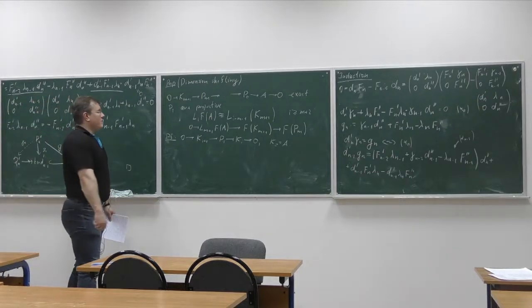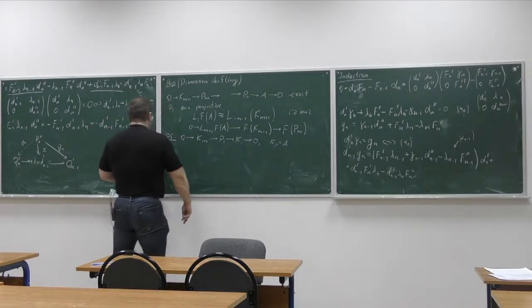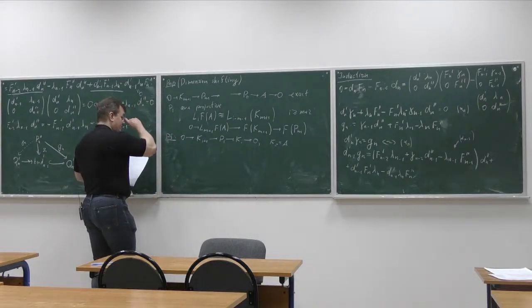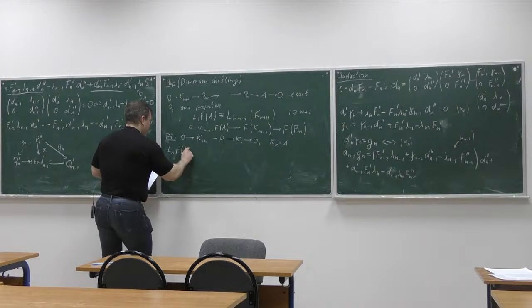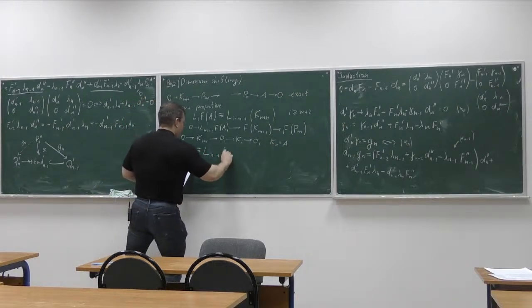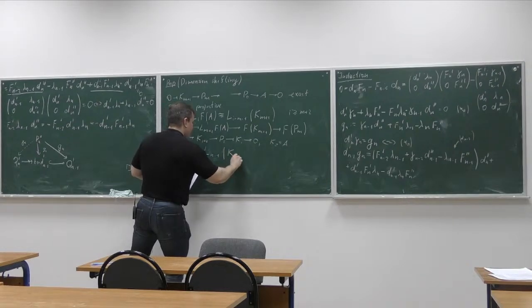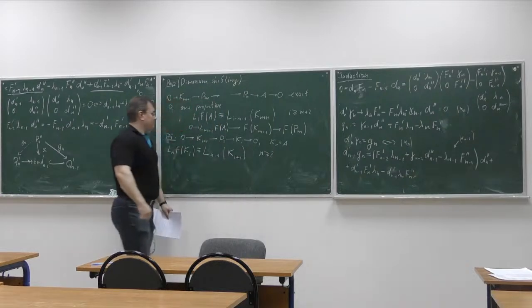You can always separate any resolution in such short exact sequences. Now from this, using that P is projective, I can conclude that the L_n F on the K_i is isomorphic to the L_{n-1} F on K_{i+1}. And this is true for any n which is at least 2.